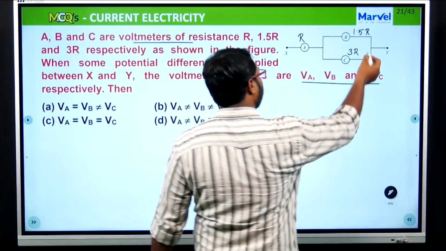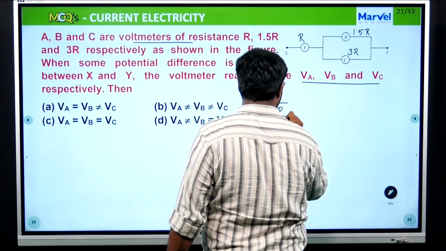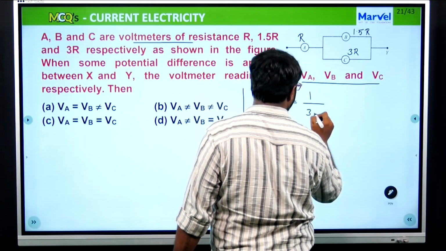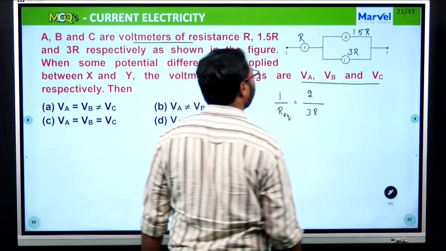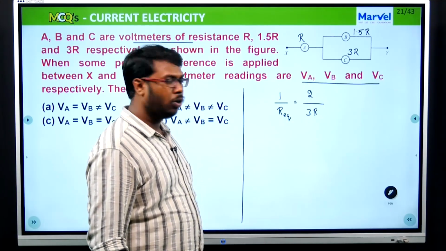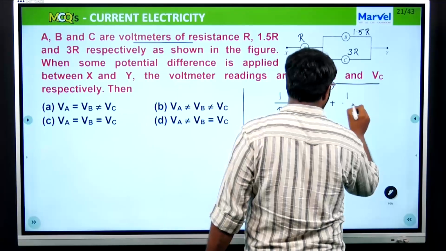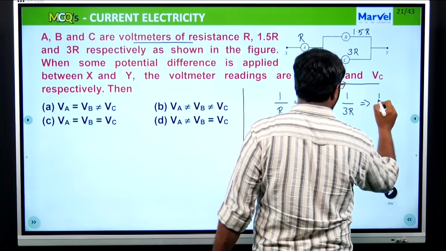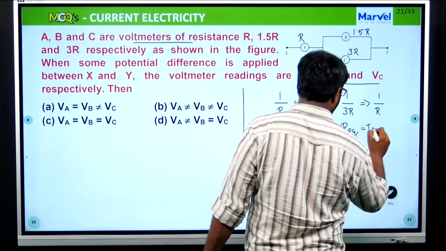So I will find the equivalent resistance for this parallel combination, where 1 by R equivalent is equal to 1 by 3R by 2 (because 1.5 can be written as 3 by 2), plus 1 by 3R, which is equivalent to 1 by R. So R equivalent is equal to R.